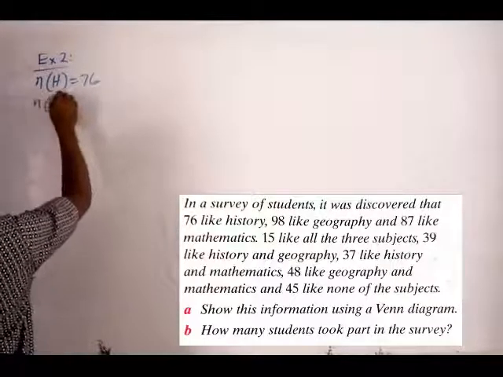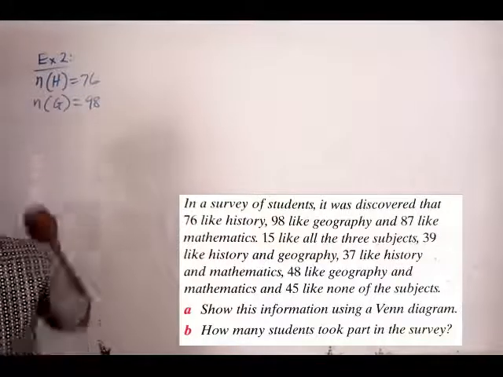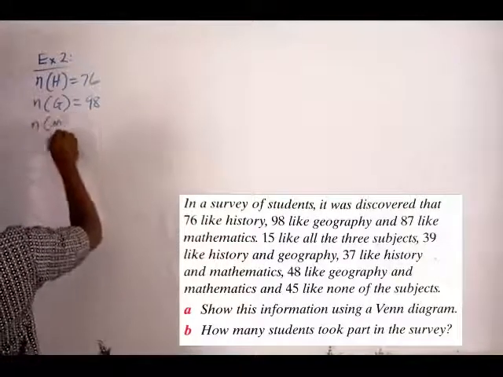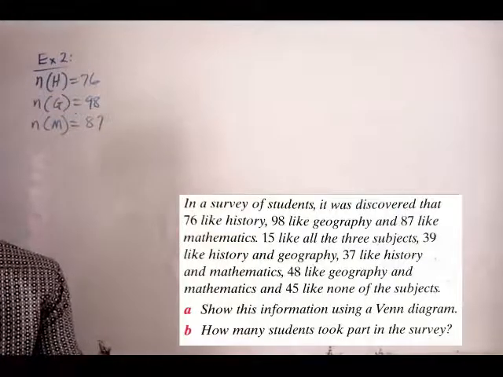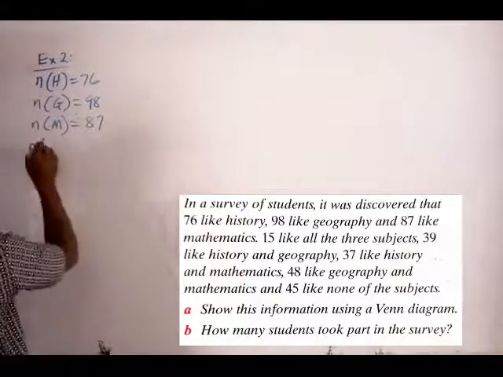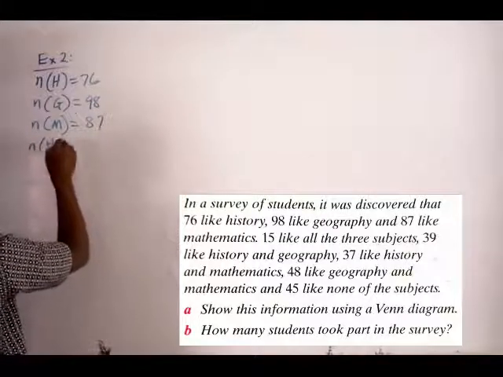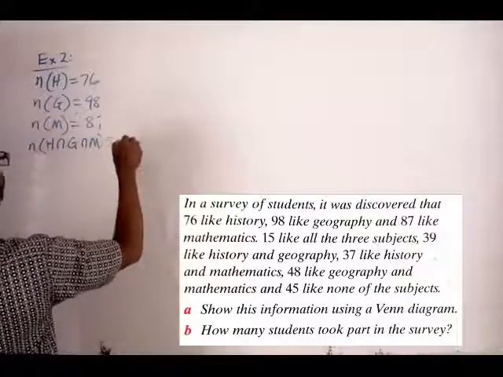Number that like geography, 98. 87 like mathematics. Number that like mathematics, 87. Then we also have 15 like all the 3 subjects. Number that like all the 3 subjects will be H, I like H, and I like G, and I like M, they are all 15 in number.